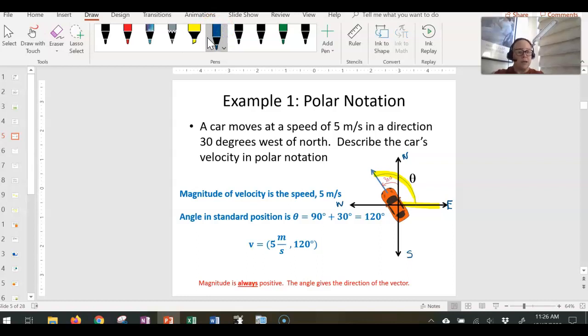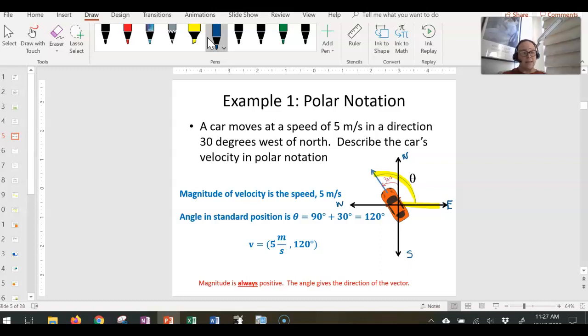And so we're moving 90 degrees as we go from east to north, and then we go another 30 degrees. So the angle in standard position for this vector is 120 degrees. So in polar notation, we would say the velocity of this car is 5 meters per second, 120 degrees.